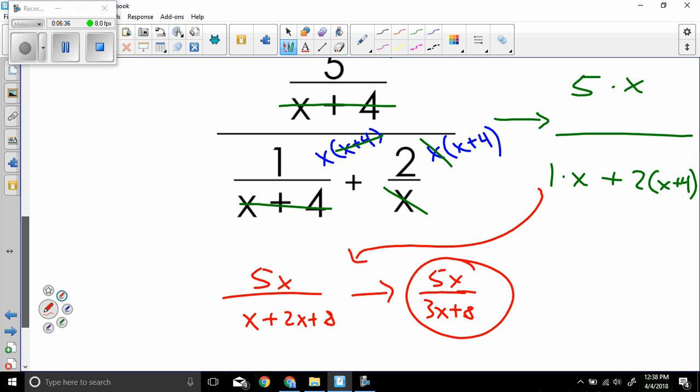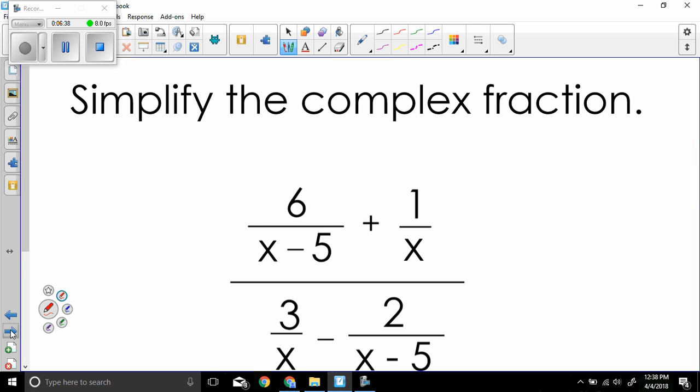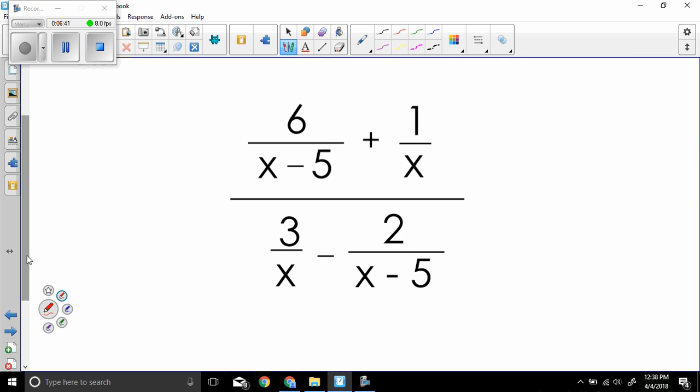We only have one more example. This is the last example that I'm going to do with you today, and then we're going to work on the homework. So I got this complex fraction. I need my LCD.